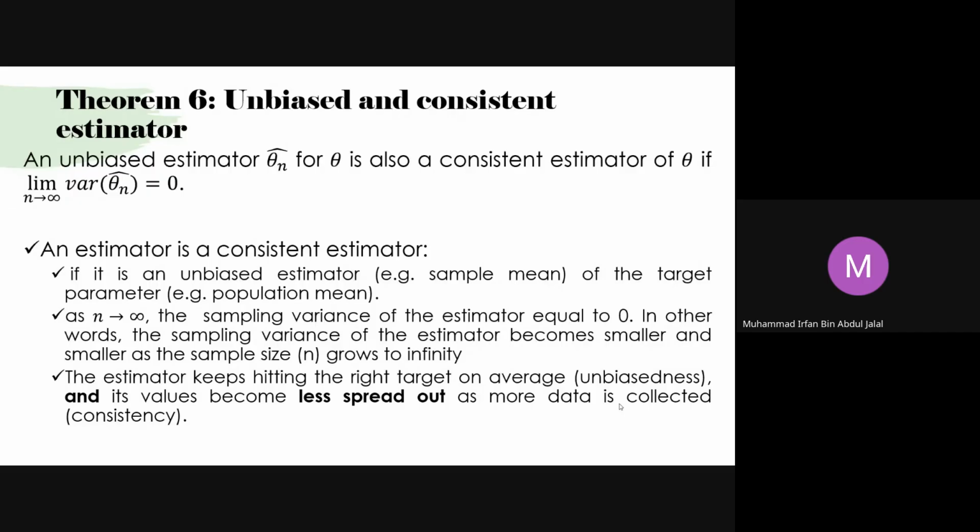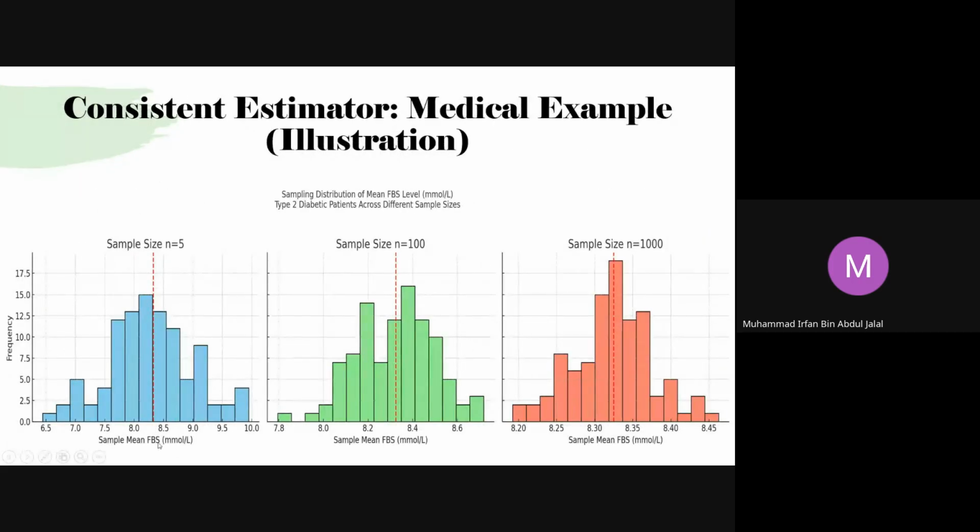So an estimator is a consistent estimator, as a recap, if it's an unbiased estimator, for example the sample mean of the target parameter, and as the sample size grows, the sampling variance of the estimator goes to 0. In other words, the sampling variance becomes smaller and smaller as the sample size n grows to infinity. As you can see from here, as the sample size grows larger, the sample means converge towards the population mean.